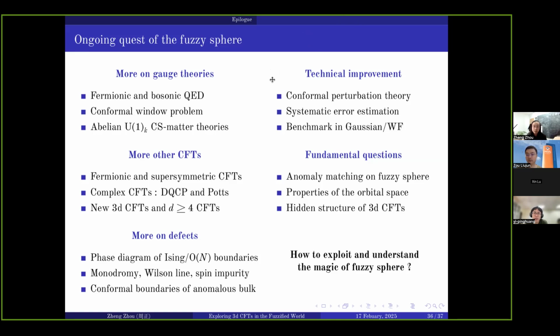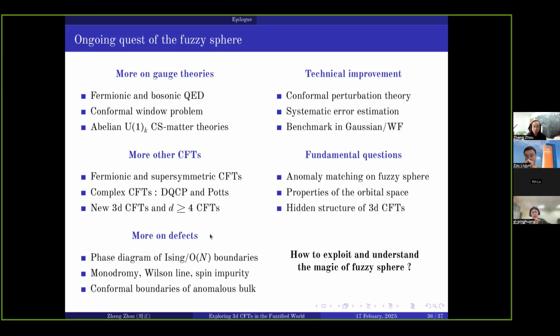From what I understand, the reason why the fuzzy sphere works so well for the 3D CFTs is, first, it preserves the full SO(3) symmetry, which makes the flow from the UV to the IR much shorter, which makes the finite size effect much smaller.